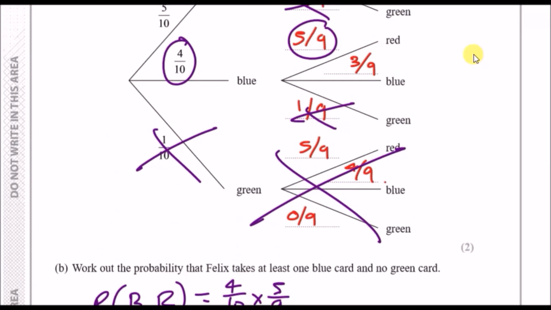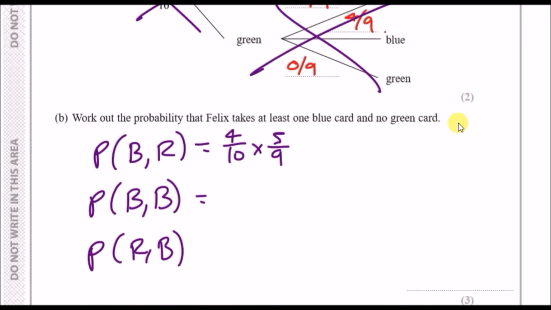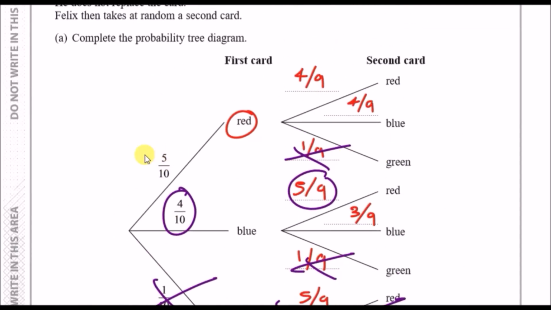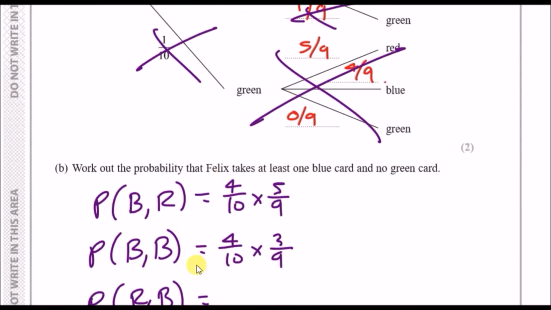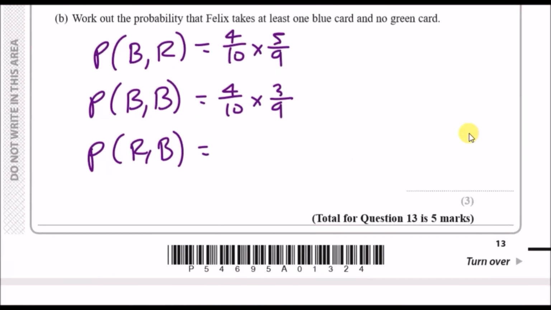To get blue, blue, this means 4/10 and 3/9. And lastly, red, blue, this means you're going to go through 5/10, the first chain, and then blue, which is 4/9. So 5/10 and 4/9. So this looks similar to the first one. And that's it.